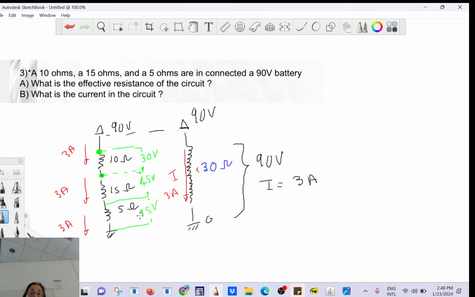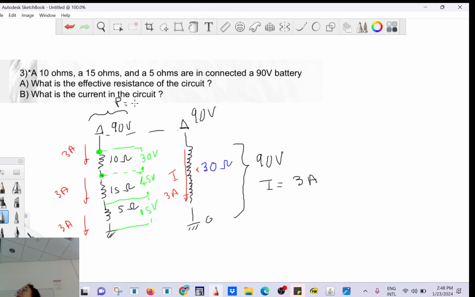So once you understand that methodology, it is good. I just confuse you with this P equals RI square. What's going to be the power delivered by the power supply? 90 V. What's the current being burnt out by the power supply?